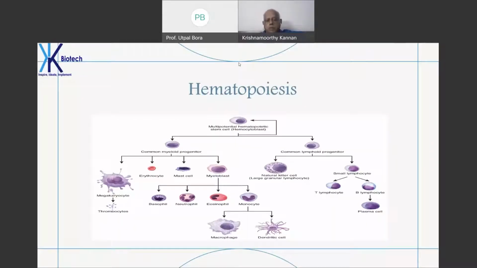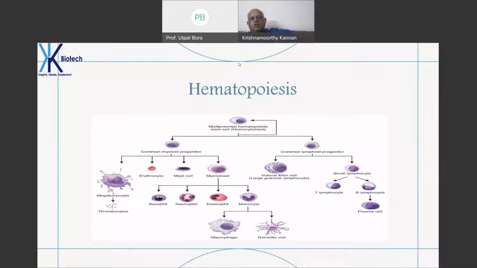Okay. Now, just to give you a background, as I told you there are about 10 to the power 14 cells in an average human being. And assuming there are 10 to the power 14 cells, the number of cell types is only about 218. These 218 cell types are not made by 218 mother cells. What they found is that the number of cells from which these might be created is hardly 30 or 40.